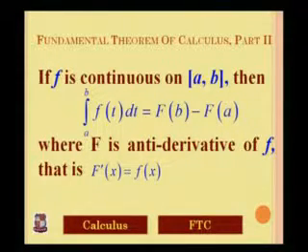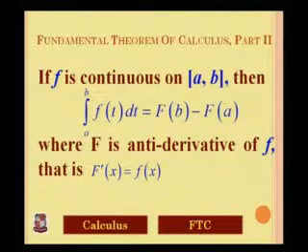The formal statement: if f is continuous on the closed interval a b, then integration a to b f t dt is equal to capital F of b minus capital F of a, where F is an antiderivative of f, that is F dash x is equal to f x. This statement gives us an easy way to evaluate a definite integral.